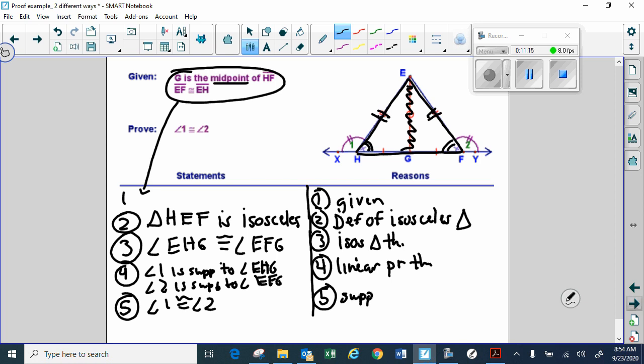Supplements of congruent angles are congruent. Okay, and so now I've cut it down to 5 steps, and so I put step 4 together. They've got it all separated out. They also split up the givens, and so it doesn't look nearly as intimidating doing it that way. But there's 2 different ways of doing the same proof.